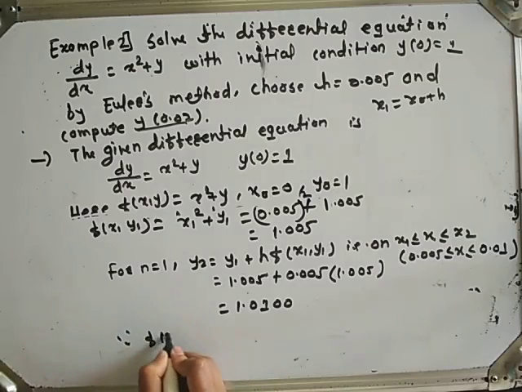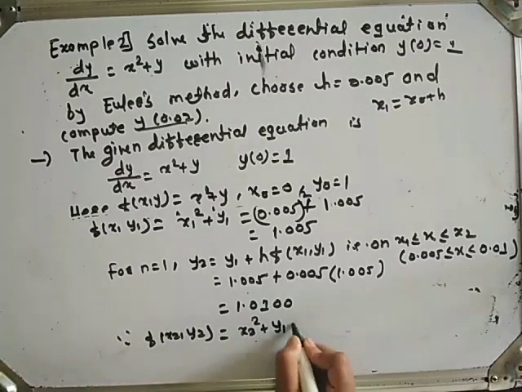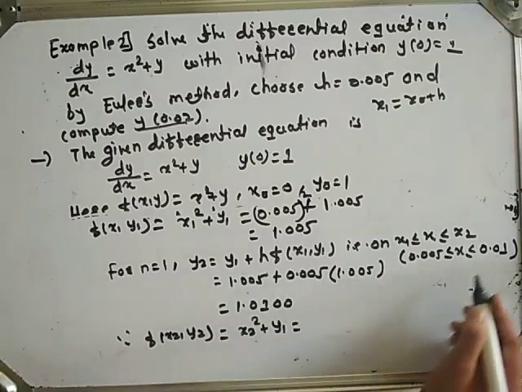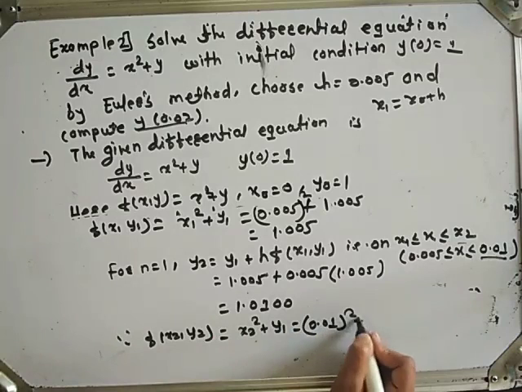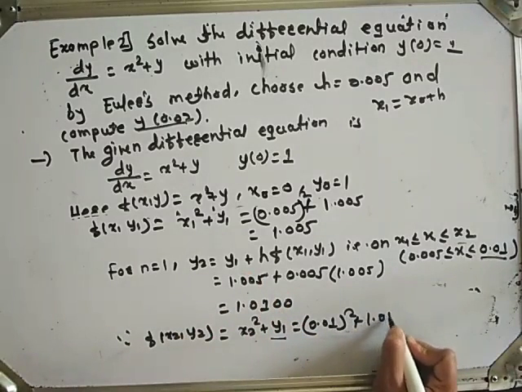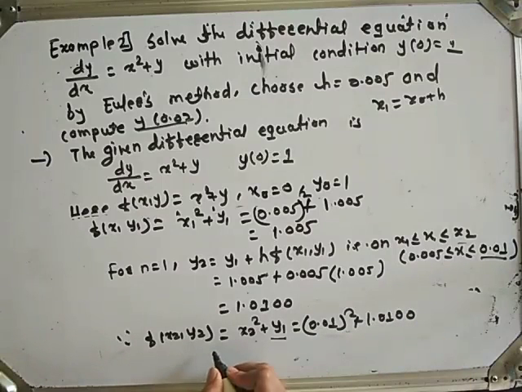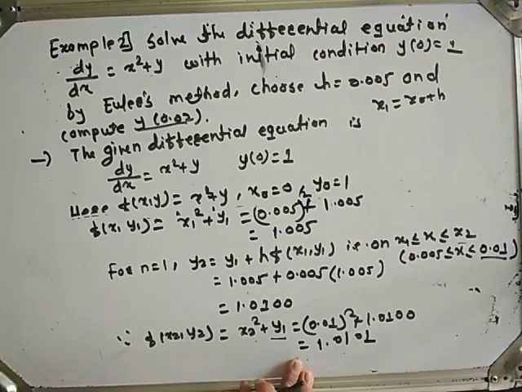Therefore f of x2 comma y2 equals x2 square plus y2. x2 is 0.01, squared, plus y2, which is 1.0100, so this equals 1.0101.